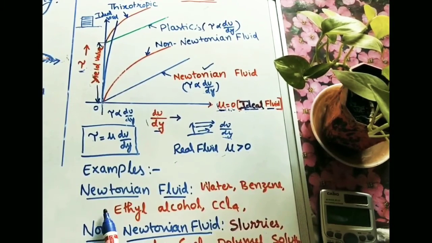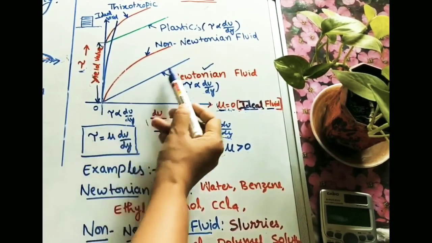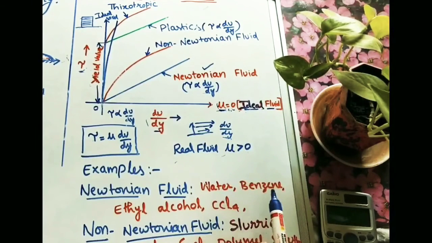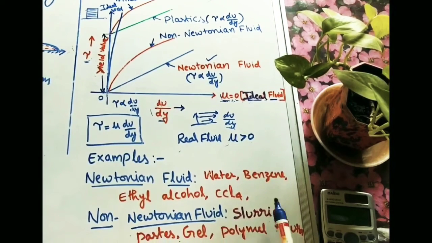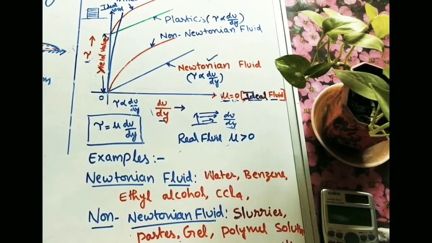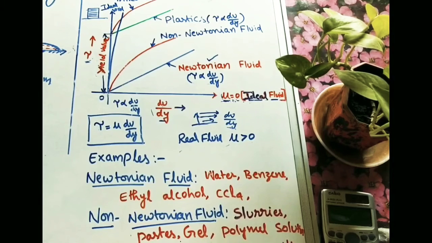Okay, and for Newtonian fluids, examples are water, benzene, ethyl alcohol and CCl4. Similarly for non-Newtonian fluids, we can take slurries. Slurries means coolants with some metallic sharp parts for effective machining.